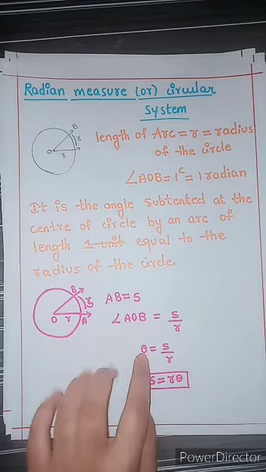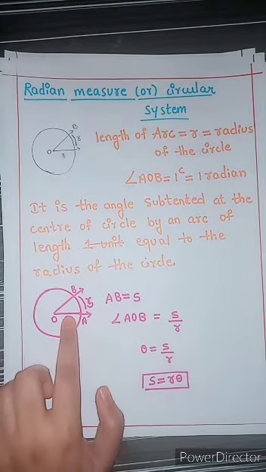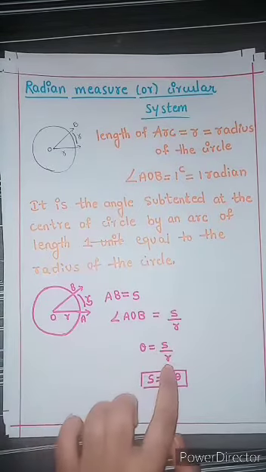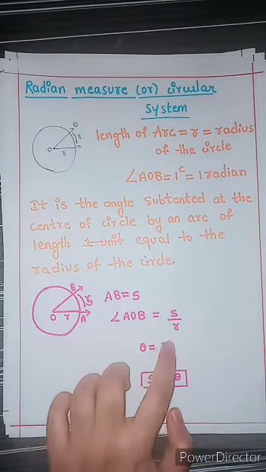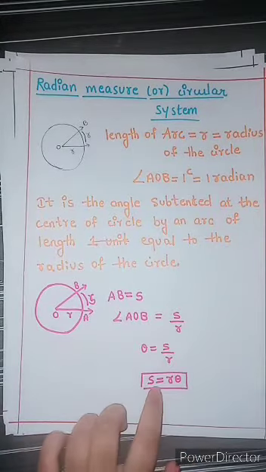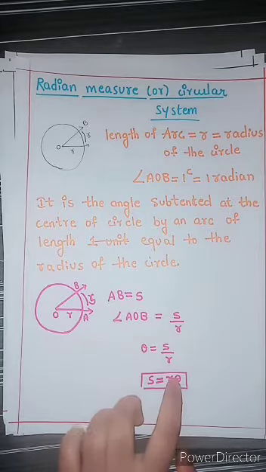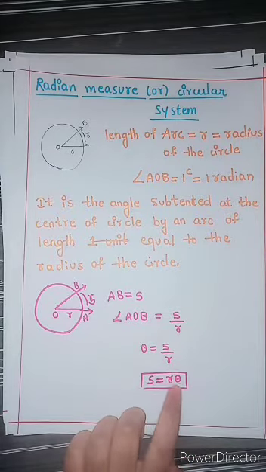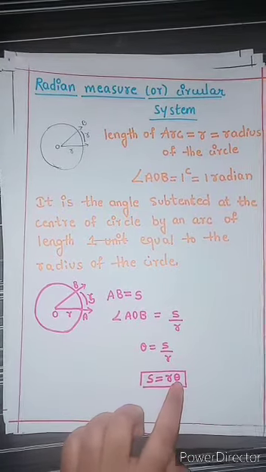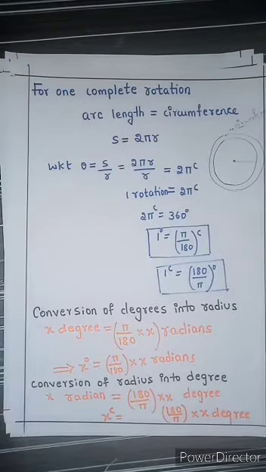Whenever theta is in radians, we have the formula theta is equal to S by R, that is arc length by radius of the circle. And to find arc length S, we have the formula R into theta, that is radius of the circle into theta.